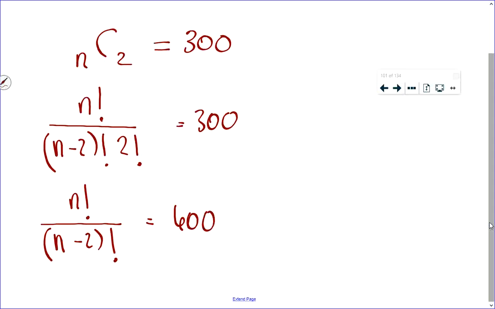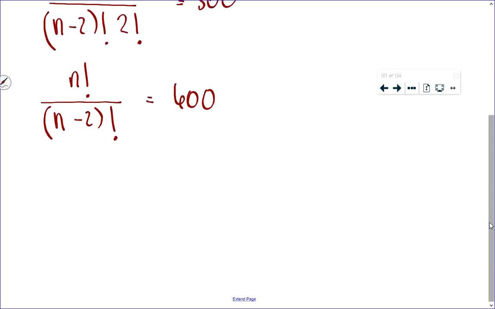Now what? Alex? You could cancel the n minus 2 factorial from the n factorial. We're back to factorial cancellation, that the smaller factorial, n minus 2, that's exactly right, Alex. N minus 2 is contained inside of n factorial. So we expand the larger factorial until we see the smaller factorial take shape.